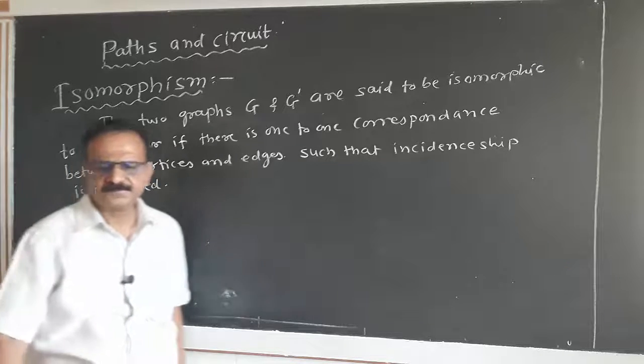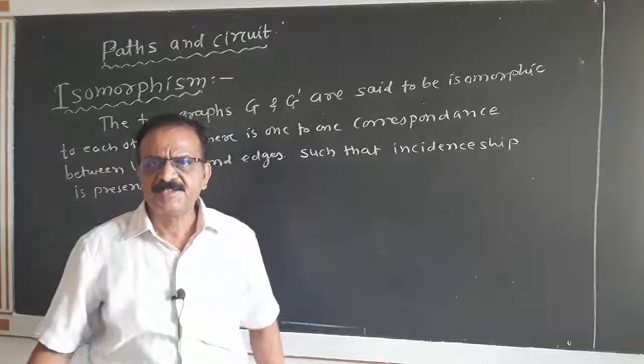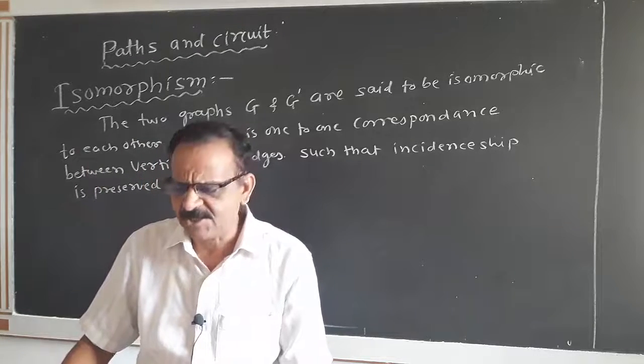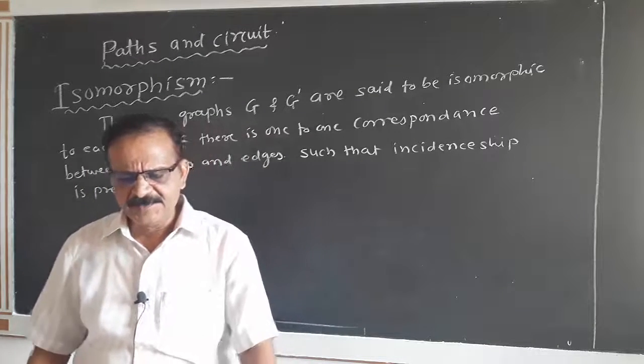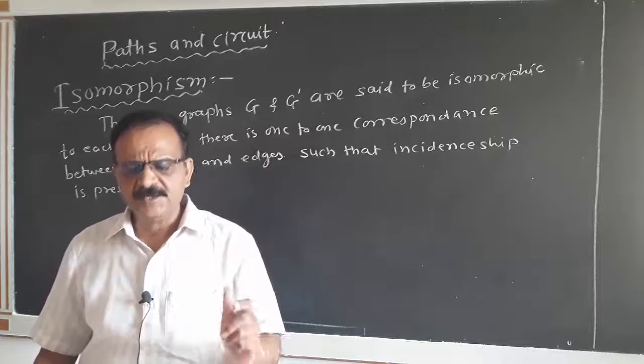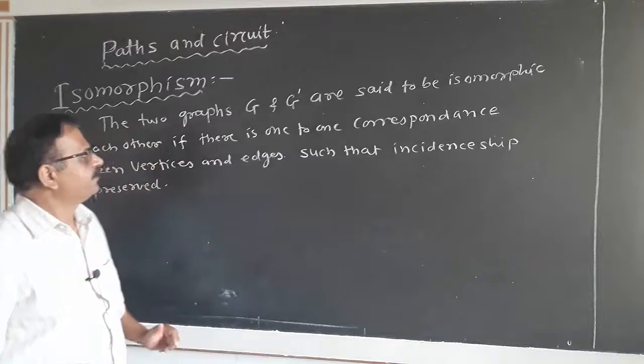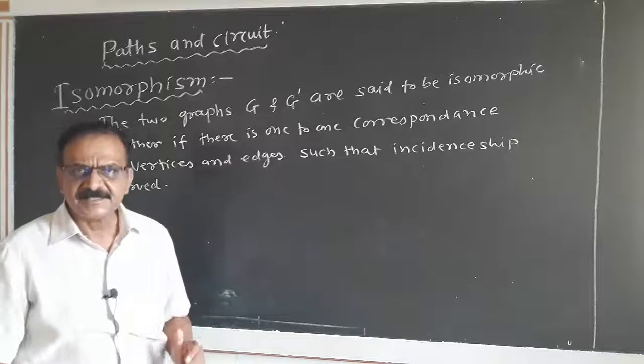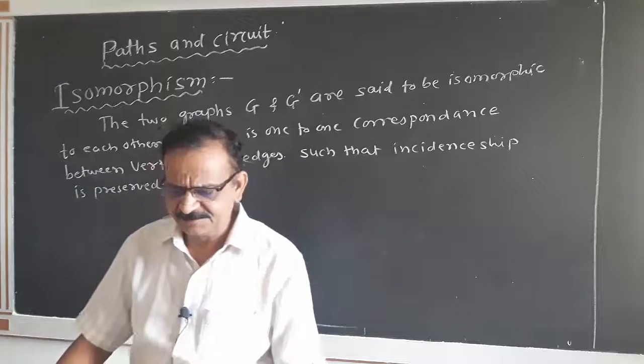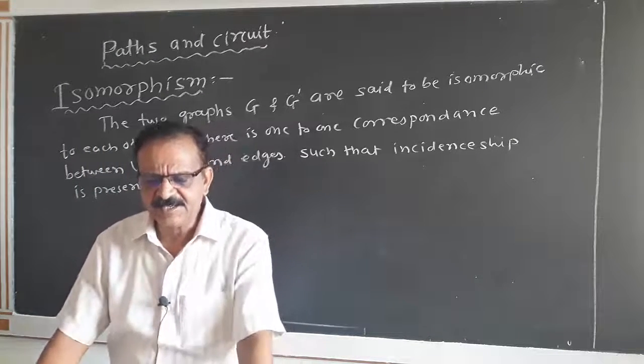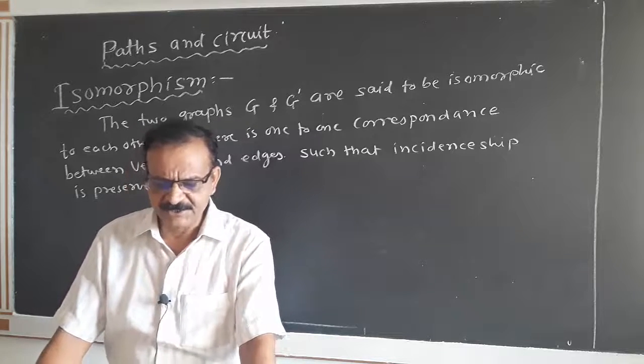Thus, the two graphs G and G dash are isomorphic if there is one-to-one correspondence between their vertices and edges such that the incidence relationship is preserved.